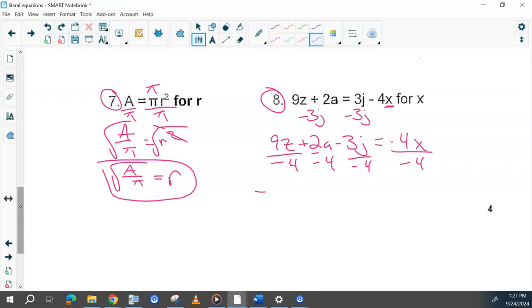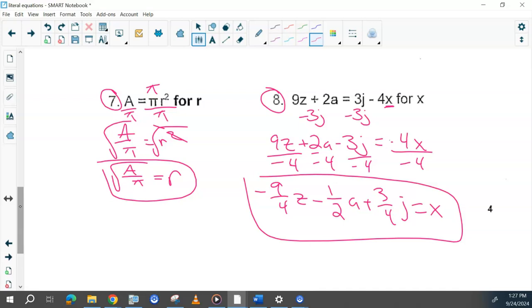So this would become -9 fourths z minus 1/2 a plus 3/4 j equals x. If 4 had been a 5 instead, then we would have just divided the whole thing. Any questions on that?